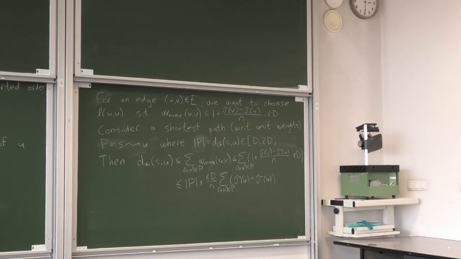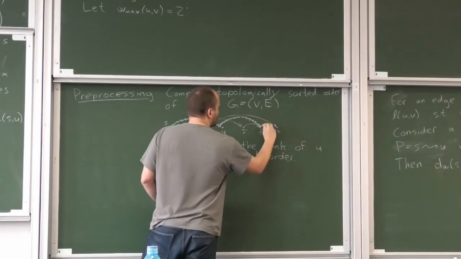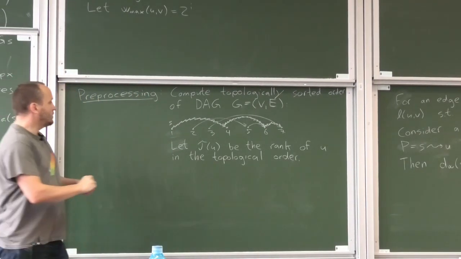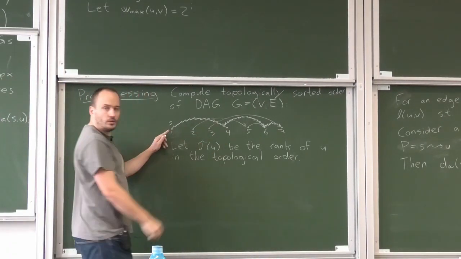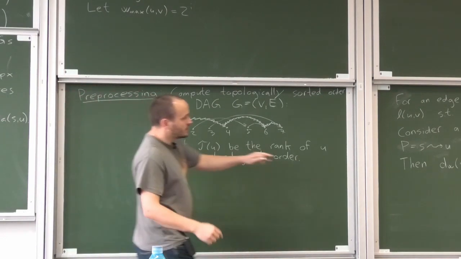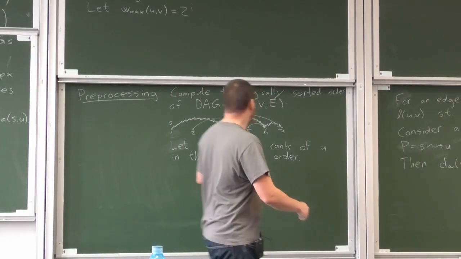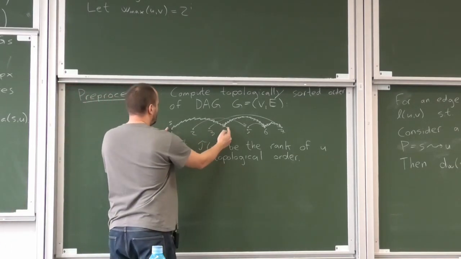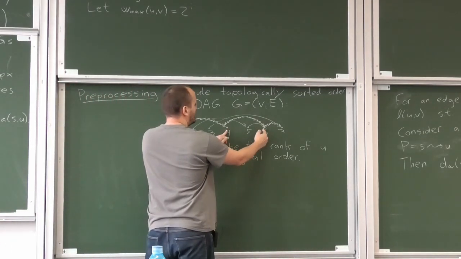And maybe let me draw a path here. Suppose this is our path that we're looking at. I don't know if it's the shortest path in this drawing, but let's say it's this one. So we want to look at what these sum up to at most. These are basically the difference in ranks of the endpoints of the edges. So this will be 3 plus 2 plus 1.